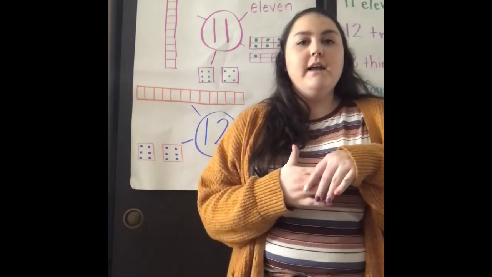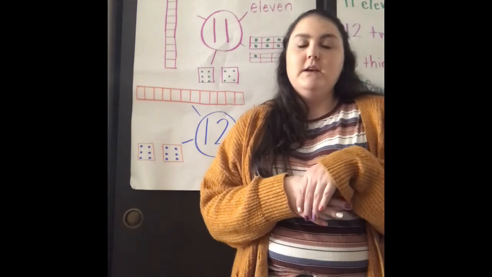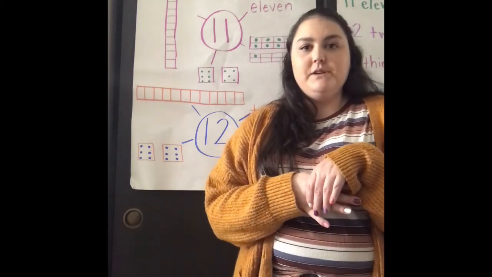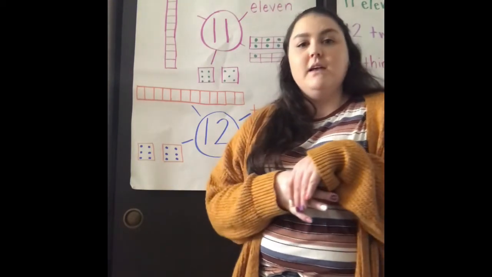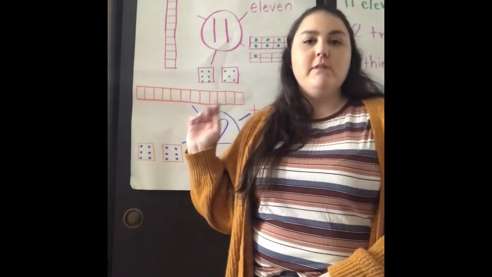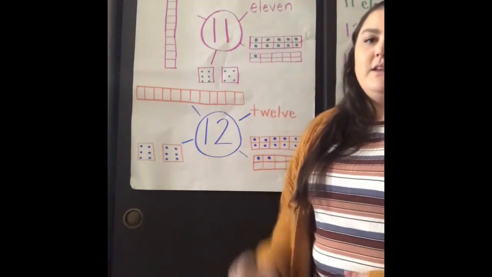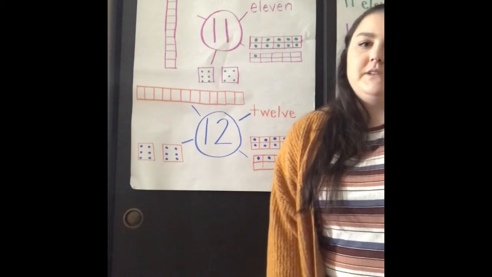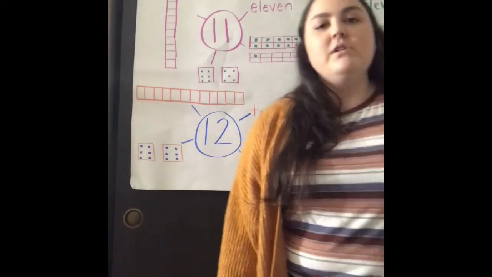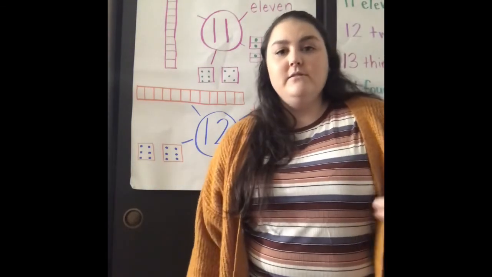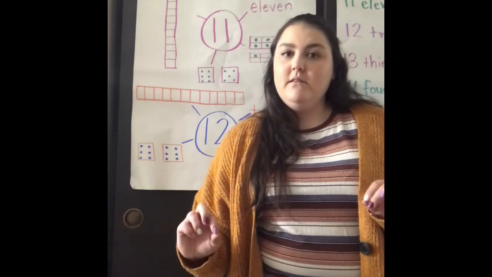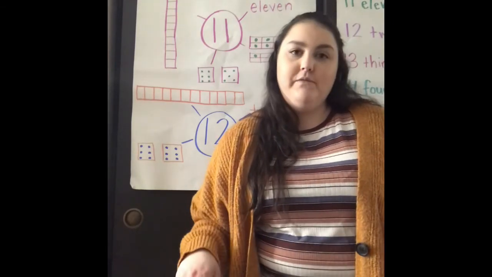So you can go ahead and do that homework page, and you can also get a piece of paper and draw a couple more ways to make the number 11, and you can draw a couple more pictures of the number 12. You can also get objects from around your house and count out 11 objects and count out 12 objects.